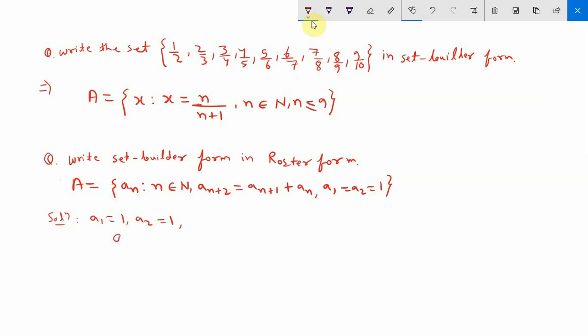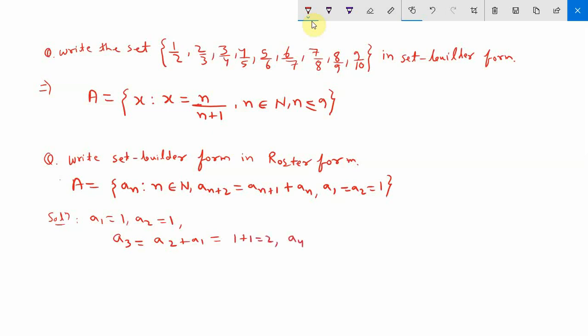So a3 we can calculate from the given formula. a3 will be a2 plus a1, so it will be 1 plus 1 equal to 2.